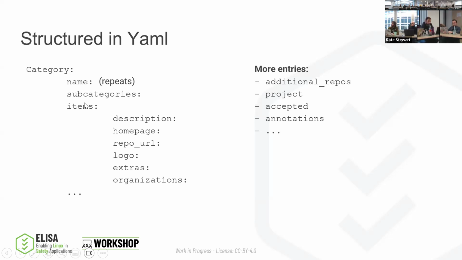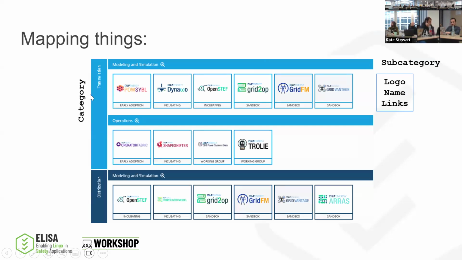So this was my first thought on just writing something down which I saw. I found also more things, like you can have additional repos, if there's a specific project you can mention. These are all fields which are potentially under consideration. And just to see, category would replace something like this bar, then subcategory would be here, and here would be the link.